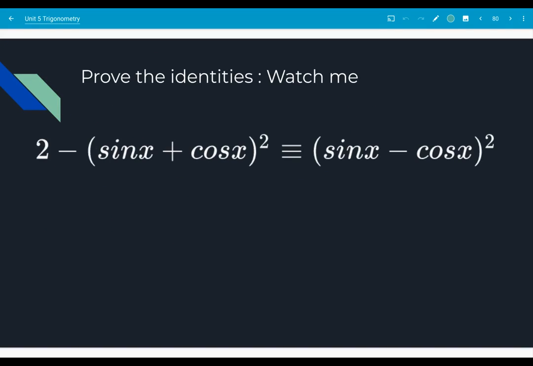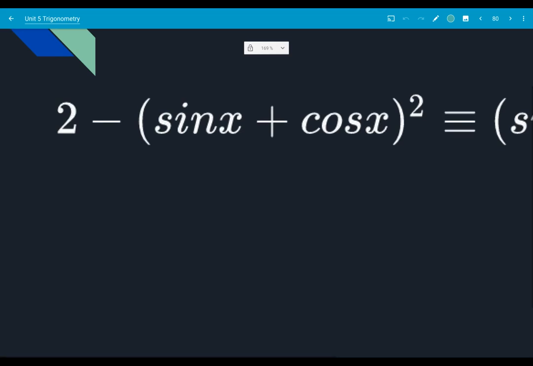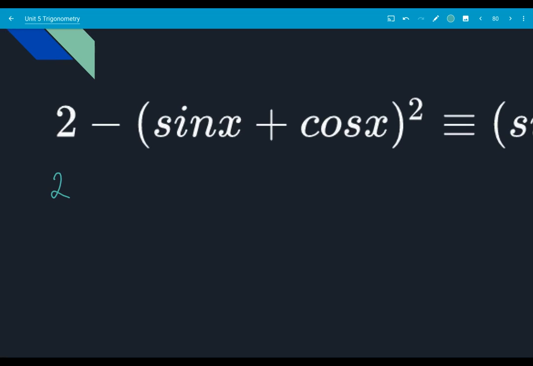Okay. Here is another one. This one is kind of a toss-up. Let's see what we can do on this left-hand side. So we have 2 minus sine squared plus 2 sine cosine plus cosine squared.